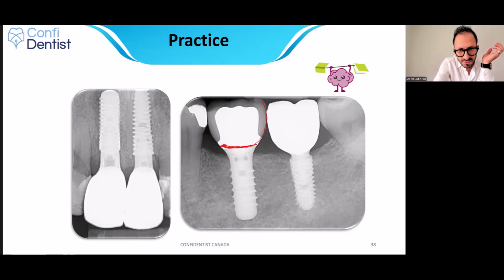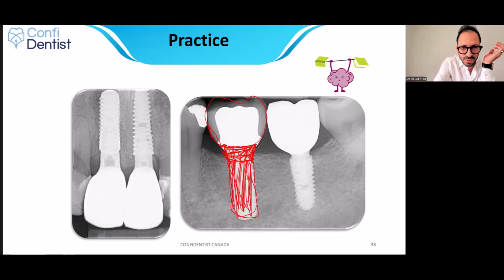This is where the crown sits on top of the implant. And this is my smooth collar. Look how smooth the outline is. It's very smooth. And this is the rest of the implant fixture. So what type of implant is this? Yes, tissue level. This is the tissue level, beautifully done, no evidence of bone loss.